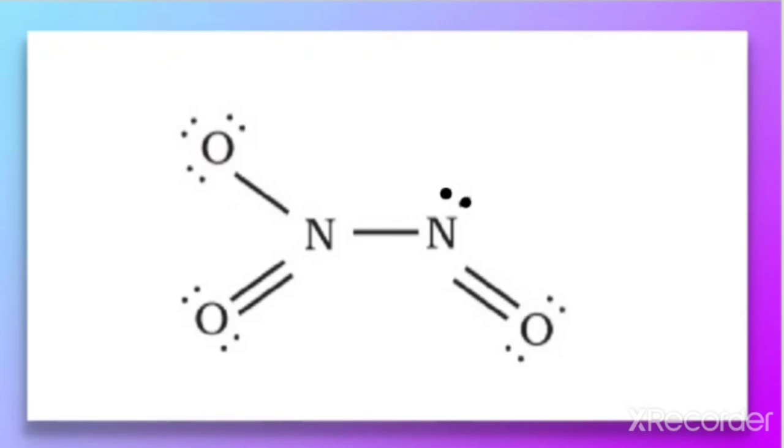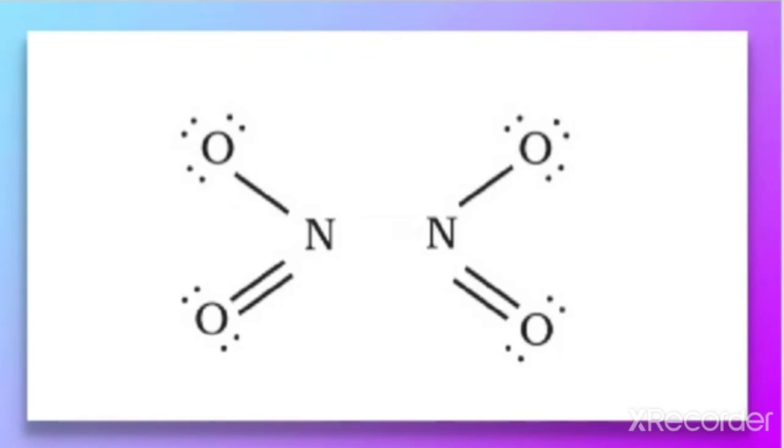Now how to make the structure for N2O5? Just now we discussed the structure for N2O4. Look at the structure carefully. There is a single bond between the two nitrogens.